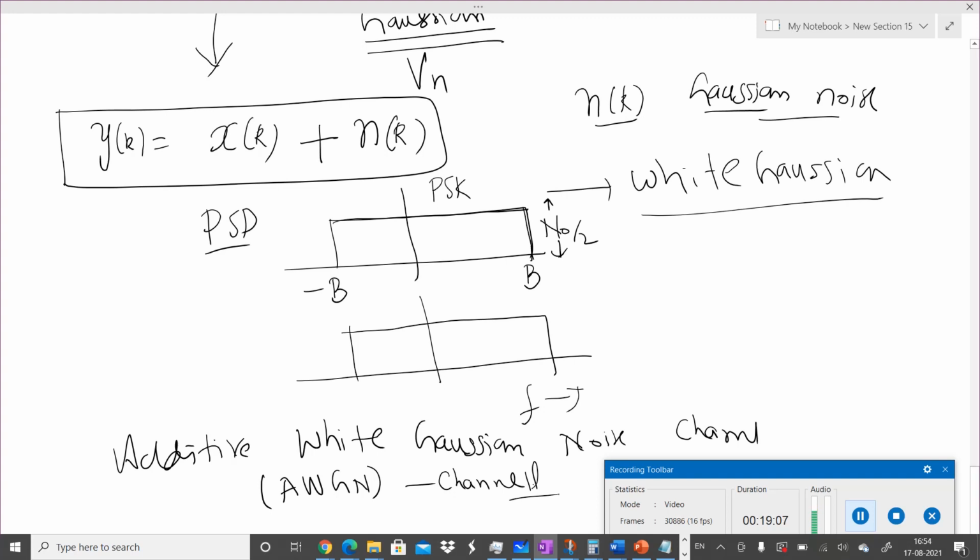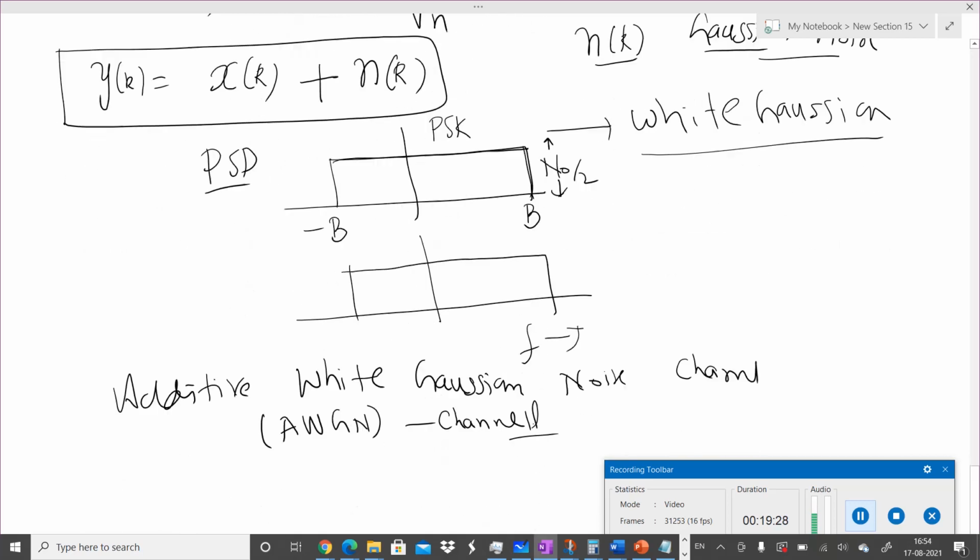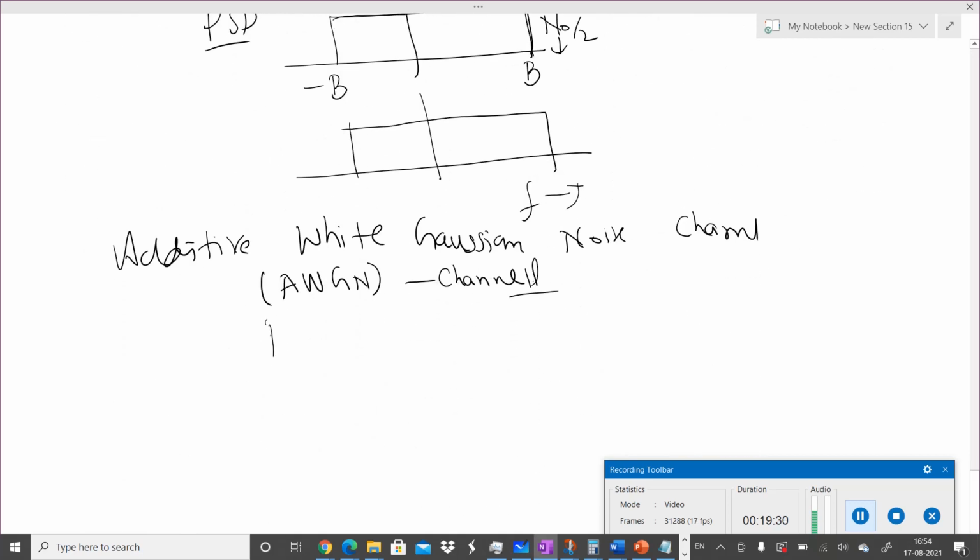Now our next job will be to identify, if we transmit binary 1 or binary 0, what will be the effect of noise. Definitely noise will change the value. It may sometimes change 1 to 0, 0 to 1. Then our question will be, what are the chances of errors to occur? In other words, what is the probability of error, also called the bit error rate, BER.